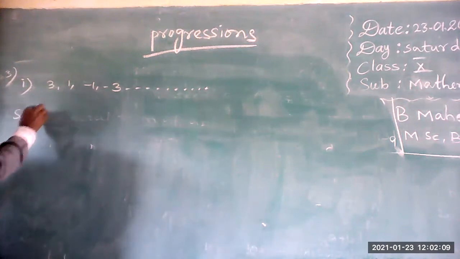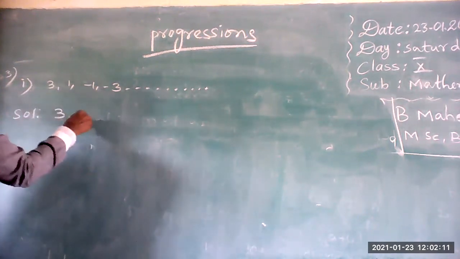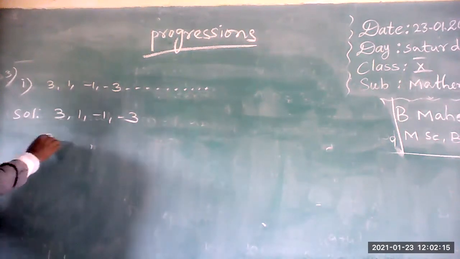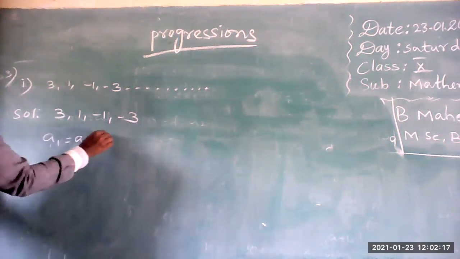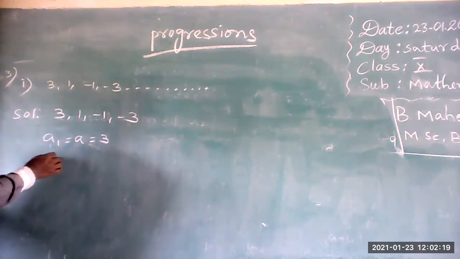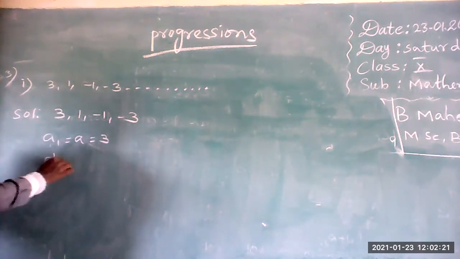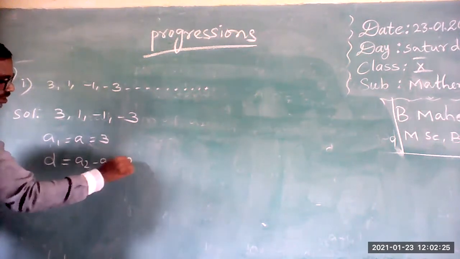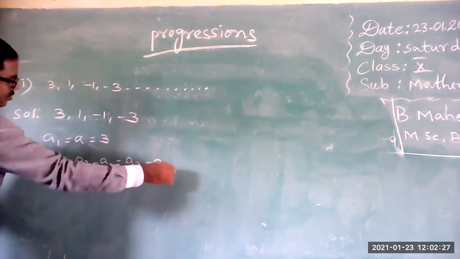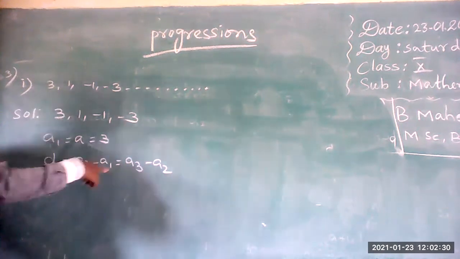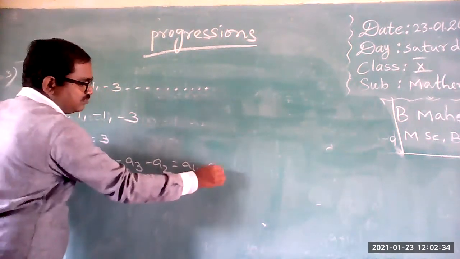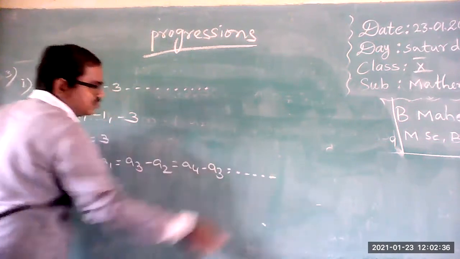Your given series has first term A1 is equal to A is equal to 3, and common difference D is equal to A2 minus A1, A3 minus A2: second term minus first term, third term minus second term, fourth term minus third term, and so on.